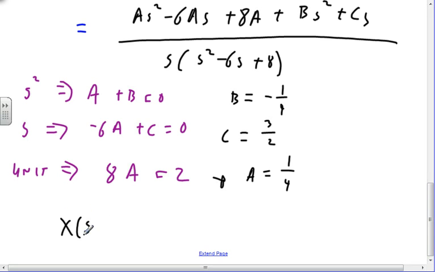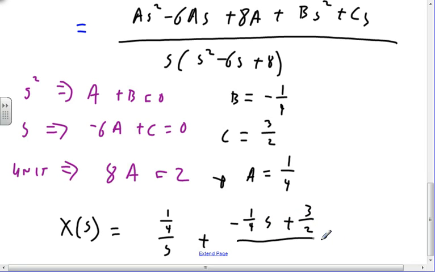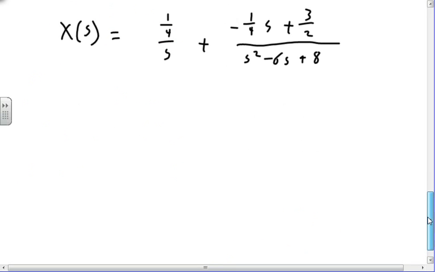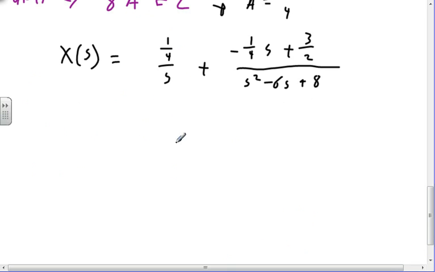X of s equals 1/4 over s plus minus 1/4 s plus 3/2, divided by s squared minus 6s plus 8. Okay, so I know what that first guy is. That's number 1, so this isn't going to be a problem.